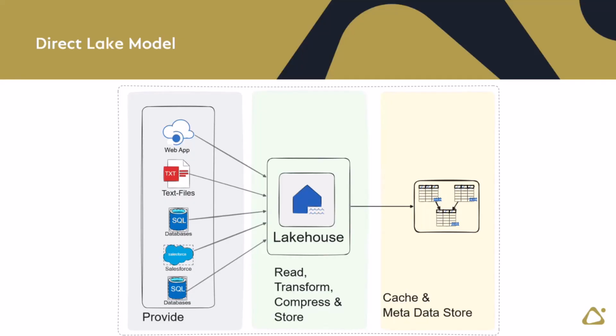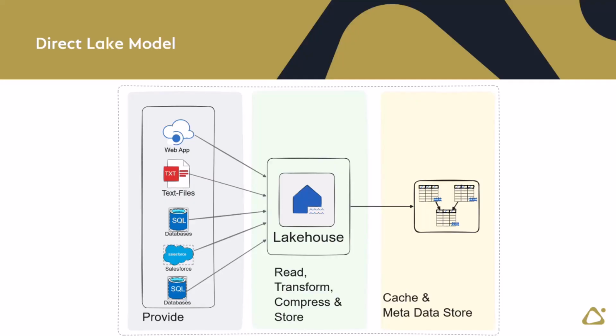From an architectural perspective, the most obvious change is that there's no Power Query involved. At least we can't do anything with Power Query anymore. Here, Fabric takes over the part of Power Query. Instead of loading the data directly into the semantic model and storing it there, all the data sits in your lakehouse or warehouse. Similar to the import model, the data sources only provide the data and do not have to do anything else.